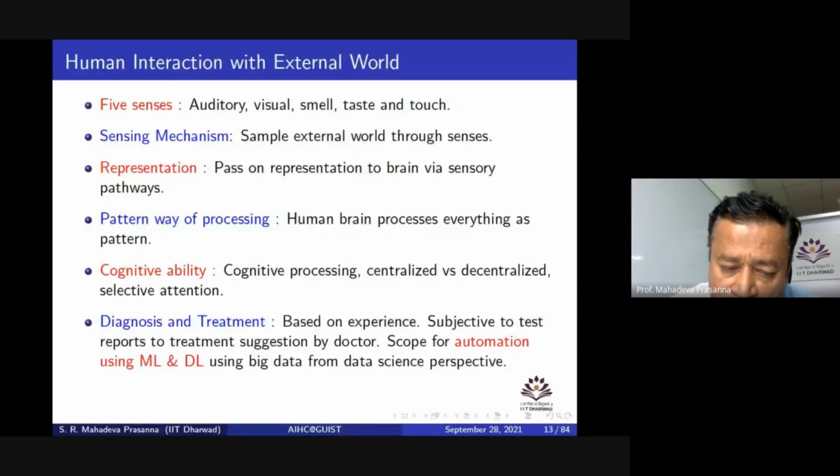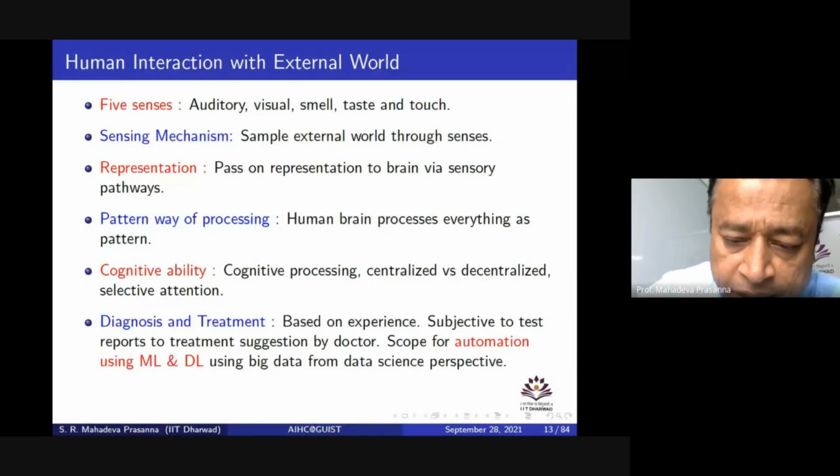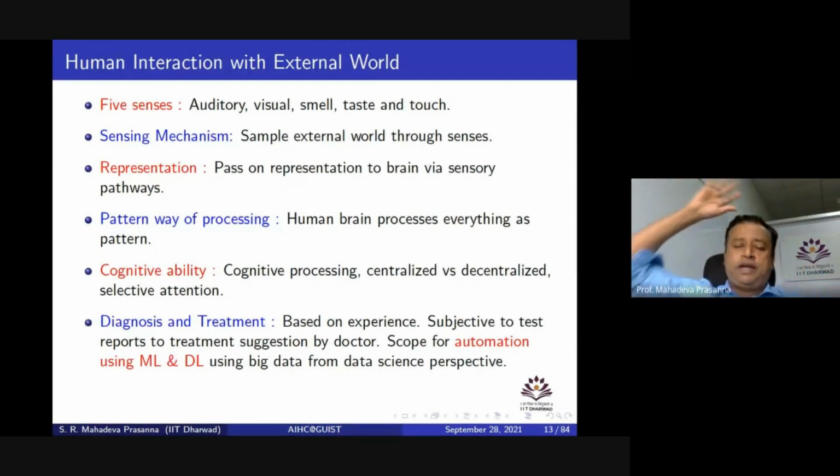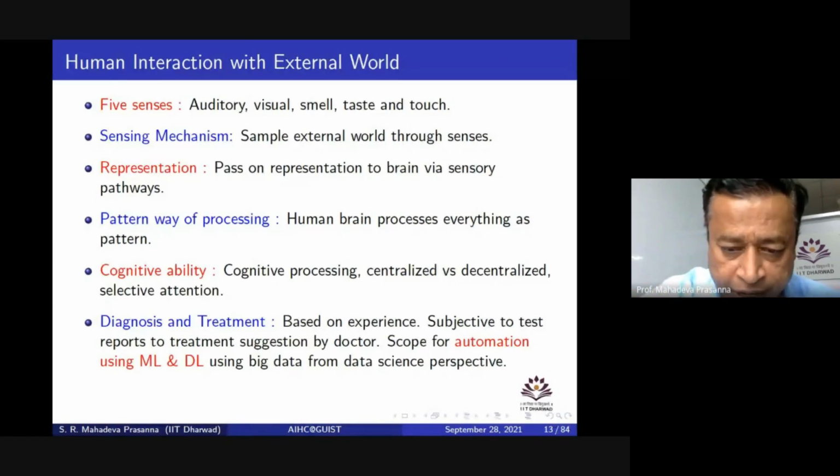Once the test report comes, they also don't tell candidly what the health issue is. They will continue the treatment based on the test reports that have come, and the treatment is suggested by the doctor. So nowadays, without a test report, there is no way a doctor can prescribe what medicines this subject has to take.